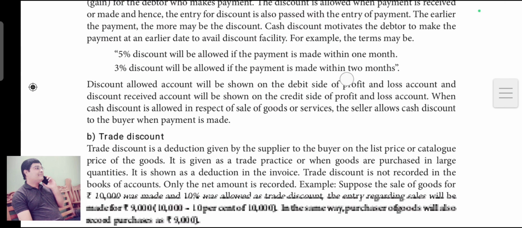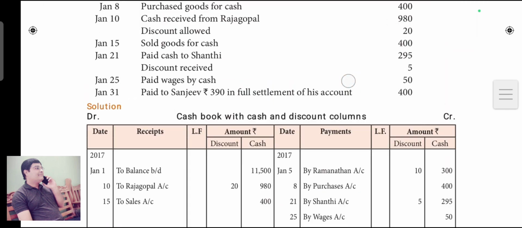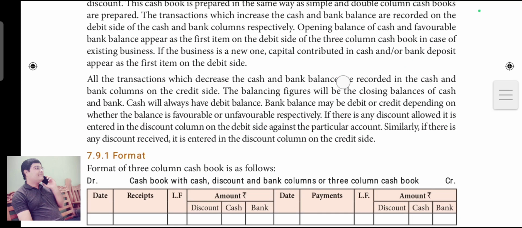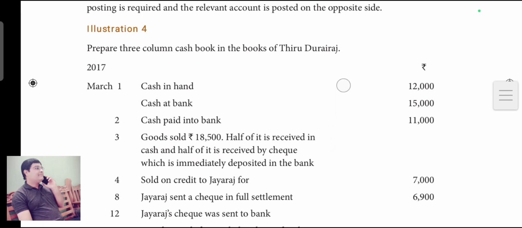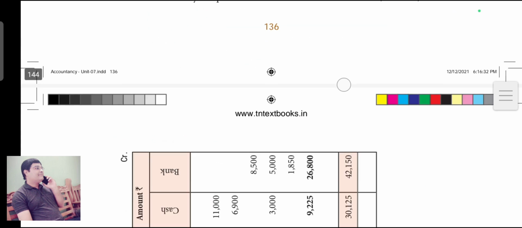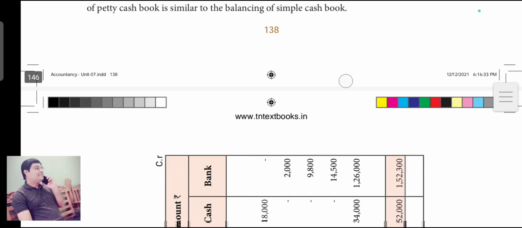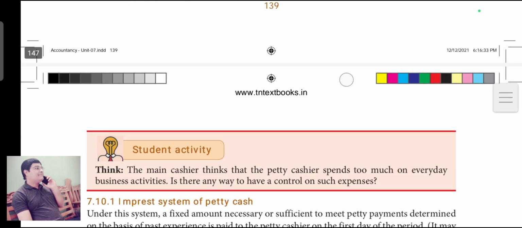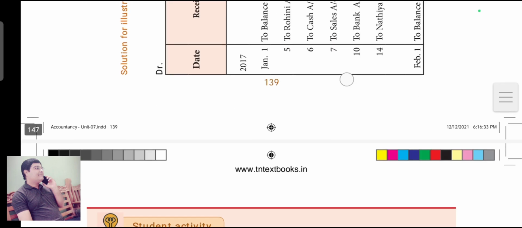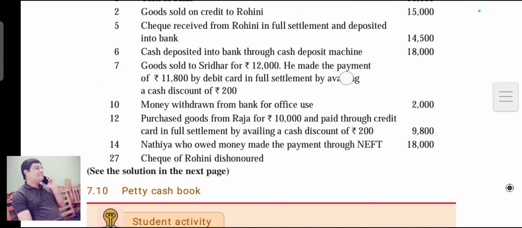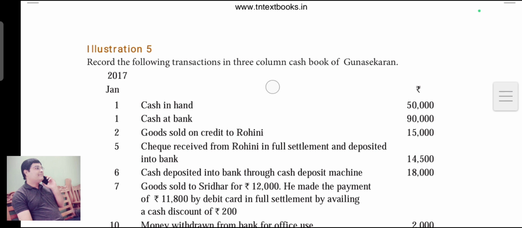Then illustration 5, 3-column cash book is important.